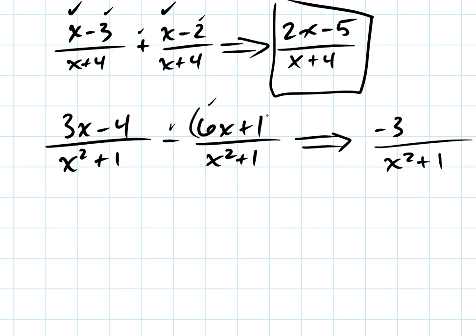So it's often a good idea to just throw parentheses around this and remind yourself that you're subtracting this entire quantity. So it's negative 4 minus the positive 1, right? Negative 4 minus 1 is minus 5. So the answer here, whoops, I forgot the x there. That was a minus 3x. The answer here is 3x minus 5 over x squared plus 1.